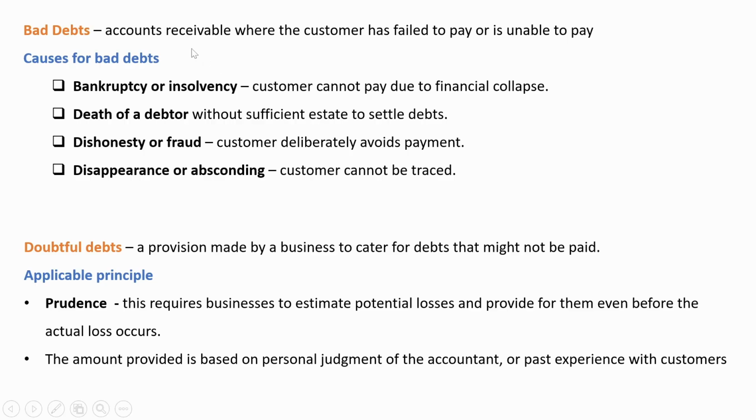Bad debts are usually very specific. You can say specifically customer A will not pay. Why? Because customer A has been declared bankrupt. So bad debts are very specific. You can be able to identify the specific customer who you think or who you know is not going to pay. But doubtful debts, these are general.